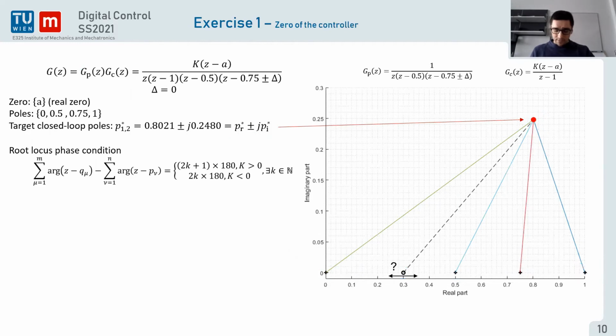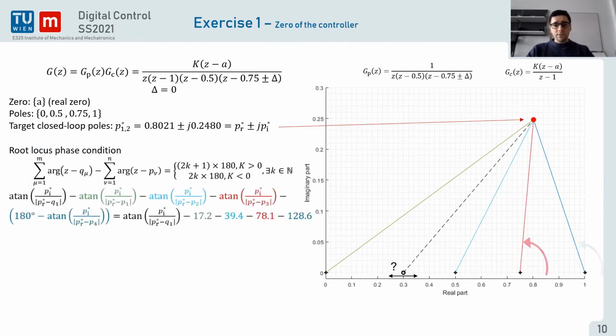And what this phase condition tells us is that we need to consider the angle between the expected pole, which is here called Z, minus the angle between the expected pole and the zeros, and it should match some criterion. Here we want K bigger than 0, so it should match the equation here on top, okay?